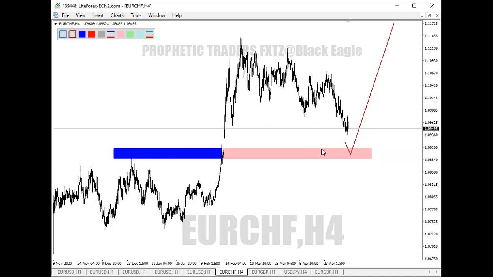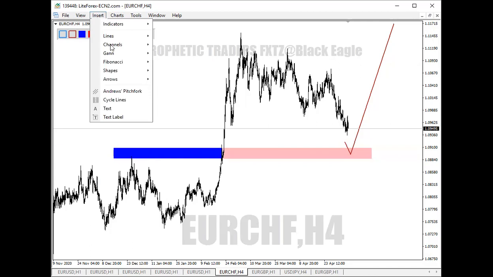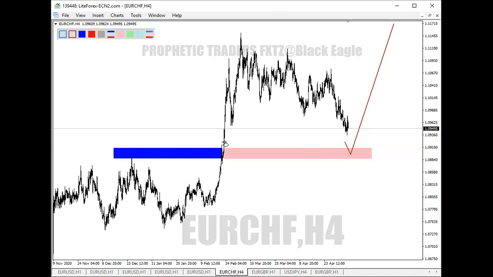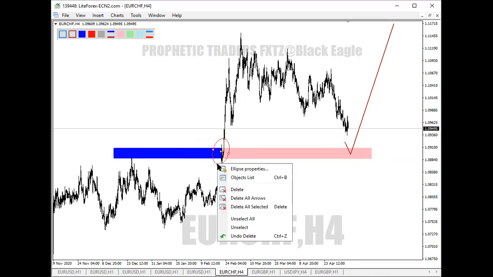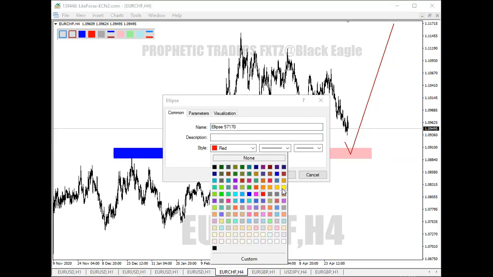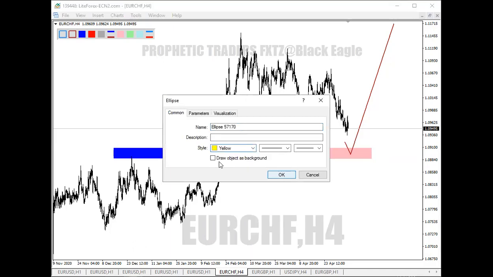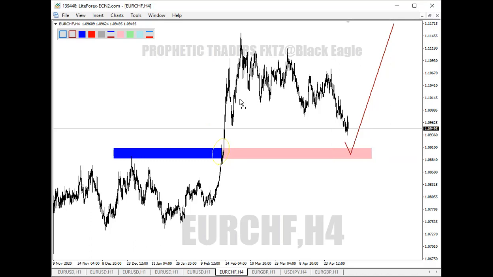Sorry, this one is a demand. So this is a swap zone. We expect the price to reach this area.